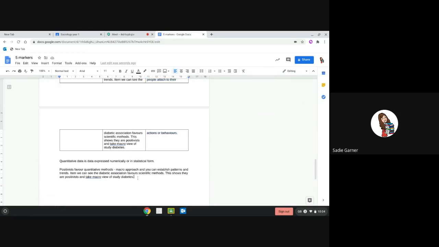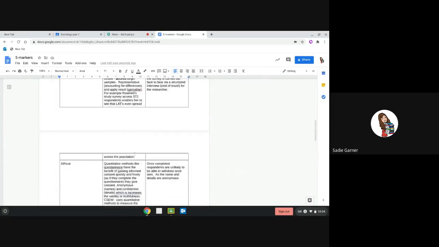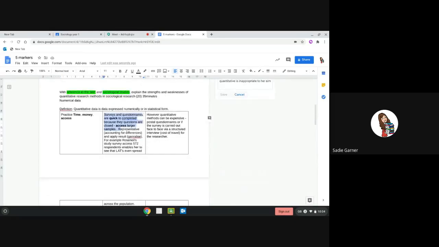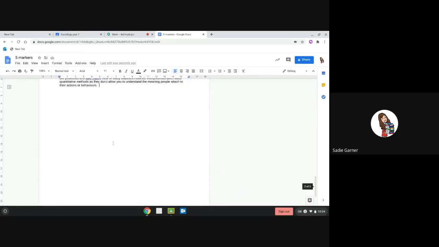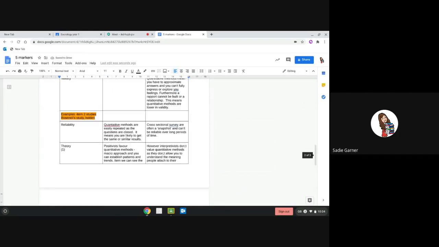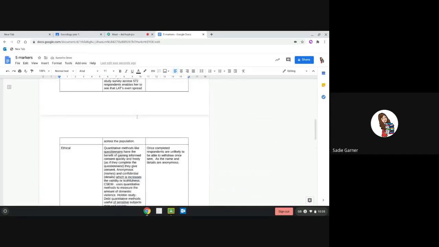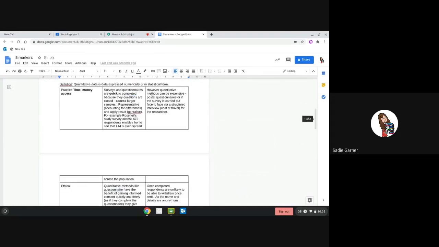So definition, theory, strengths and weaknesses together as a paragraph. Then practical, strengths, weaknesses.